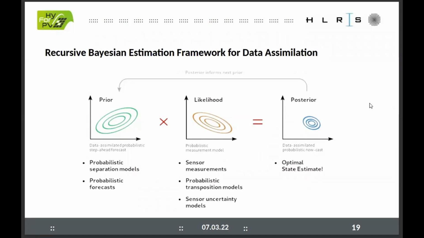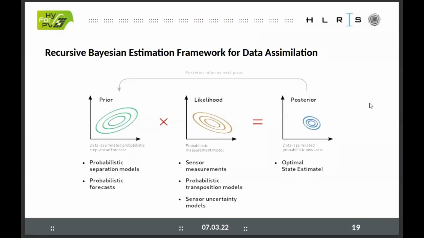So using those two, you get a step ahead probabilistic prediction. Your data from any sensor, tilted, direct, diffuse, horizontal, combined with a probabilistic transposition model and your sensor uncertainty model I talked about, gives you a likelihood in a state space. And those two combined give you ideally a better estimate of what your irradiance distribution is.